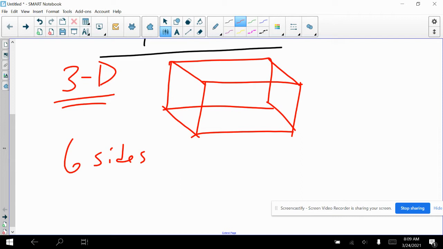All right. Little malfunction there. You have 6 sides that are rectangular.